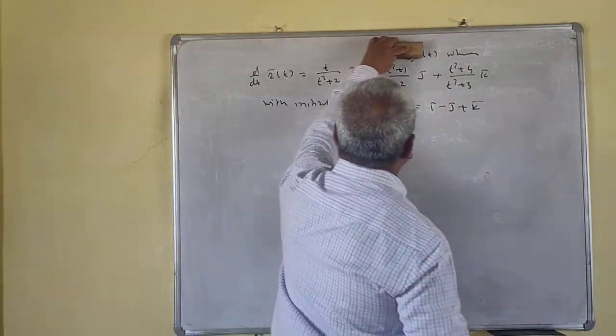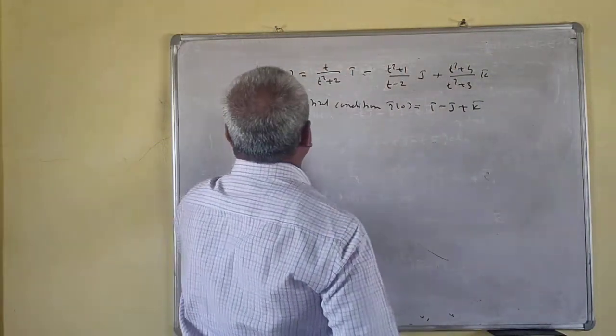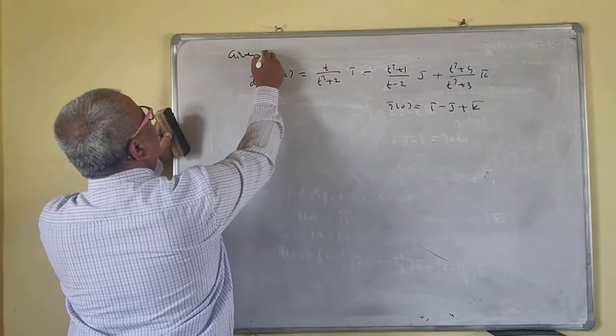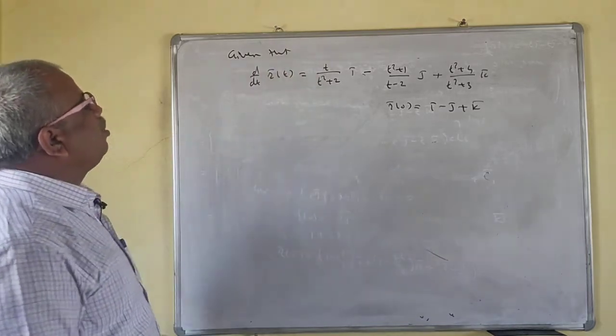Solution. Given that d by dt of r bar is this.